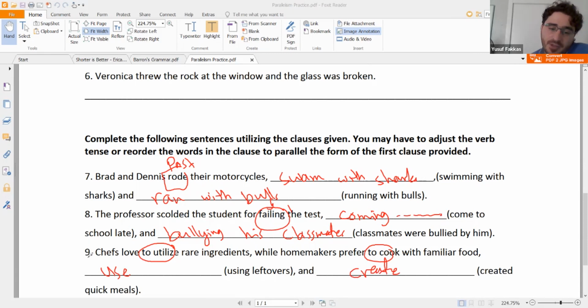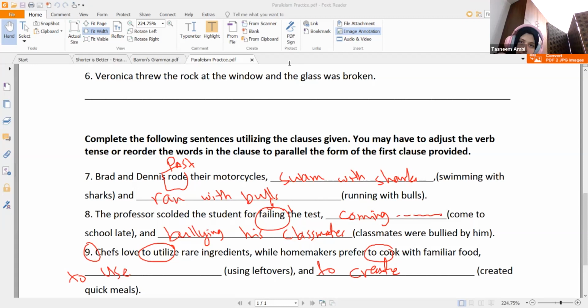Now, talking about number 9, we know that it's infinitive, right? So if you say to cook, to use, and to create, that's the original thing, and that's correct. But we don't have to repeat to. It's just enough to say to cook, and then we can just say use and create. Always in infinitive phrases, if we have them, they're all like each other.